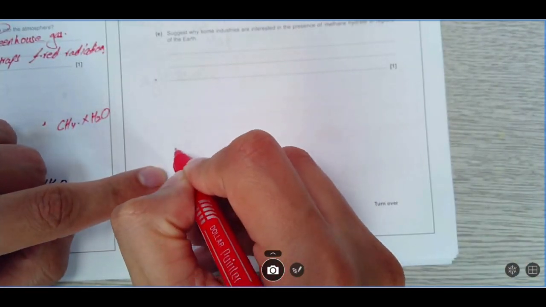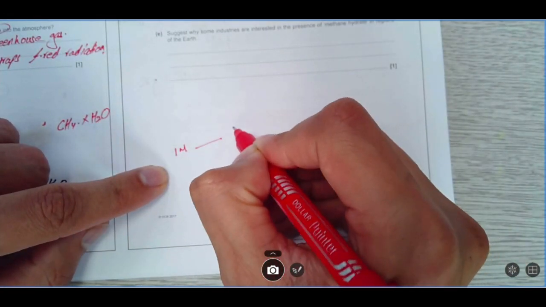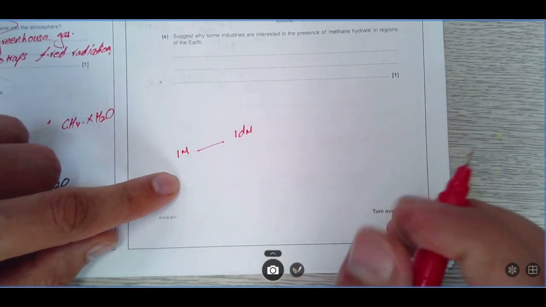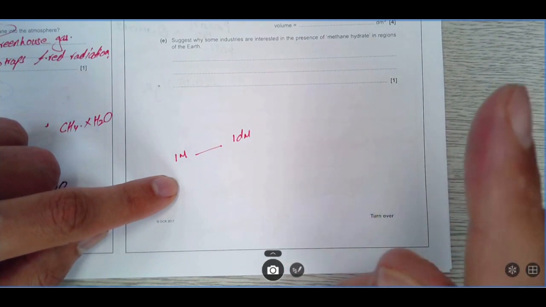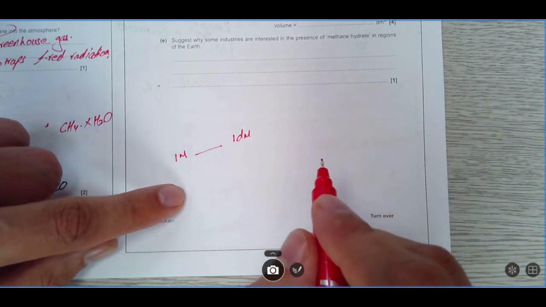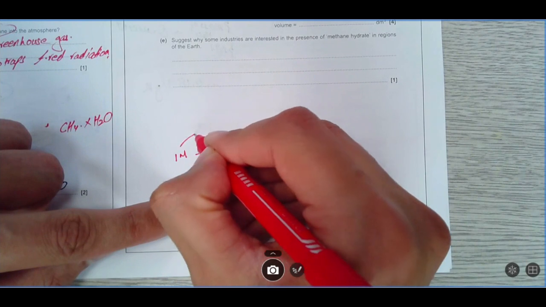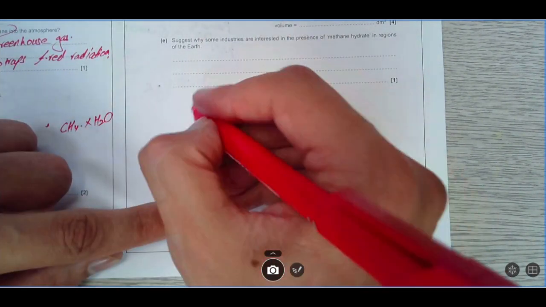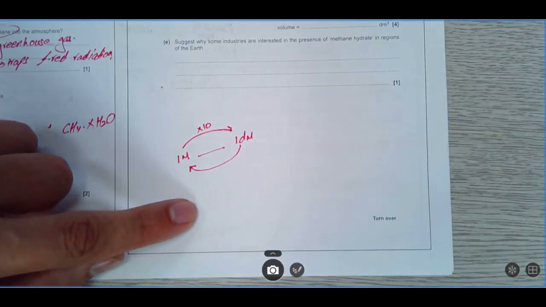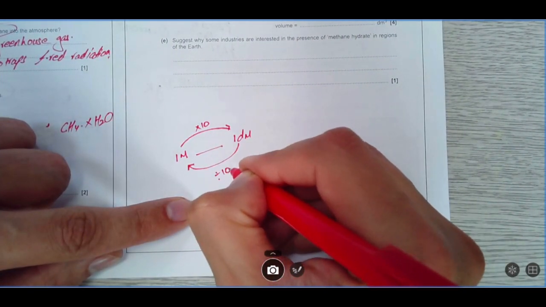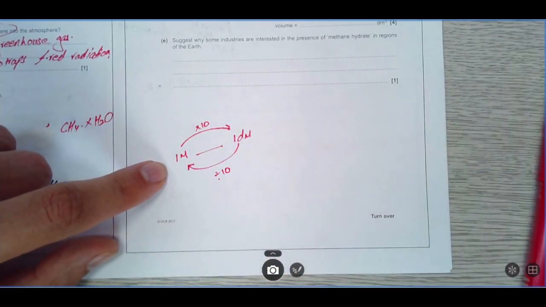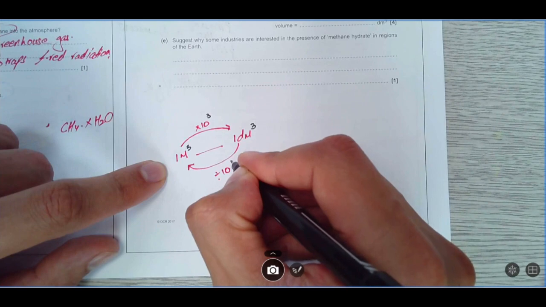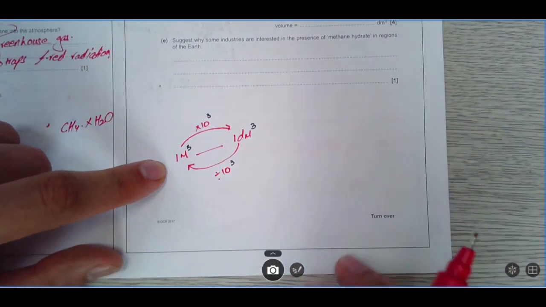If I go from meters to decimeter cube, what do I multiply it by? 10. Here I'll divide it by 10. This time, if I make it cube here and cube here, then I'll have to put cube here as well. So I'll multiply it by 1,000.